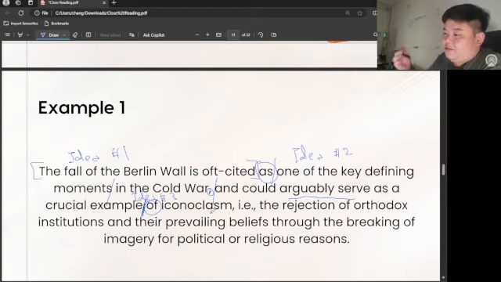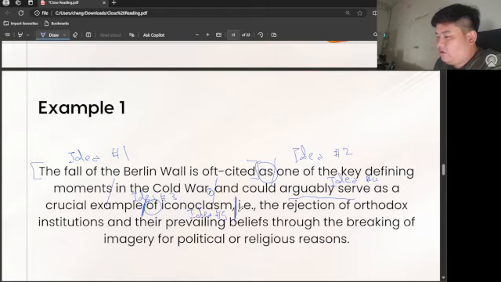So of iconoclasm, that means that we are arguing that this whole thing, ideas 1, 2, and 3, could be idea 4, an important example of this thing, idea 5.